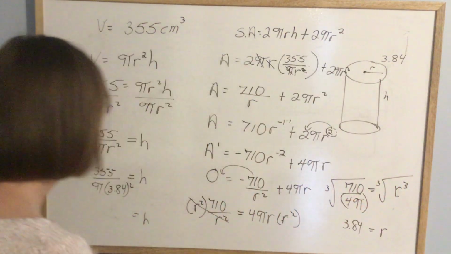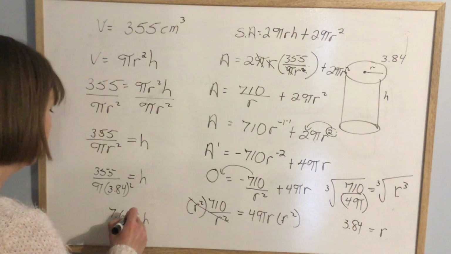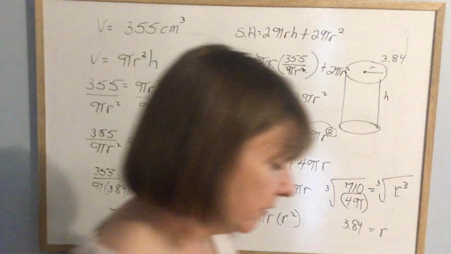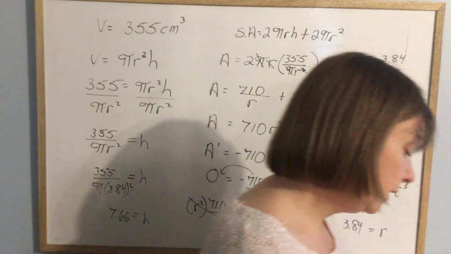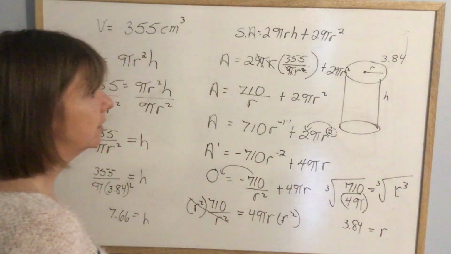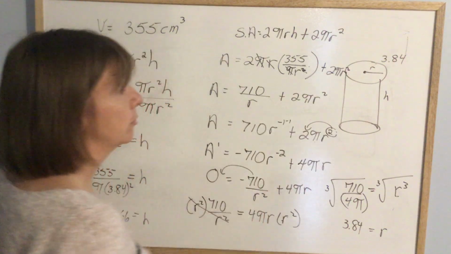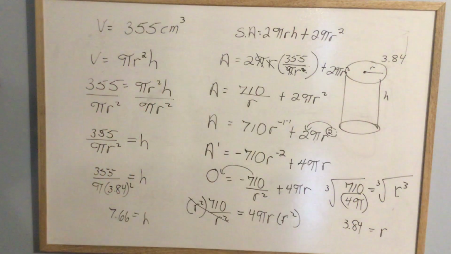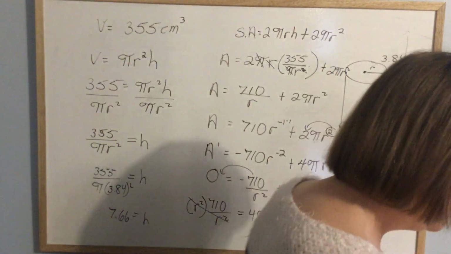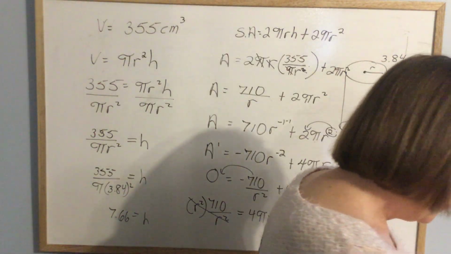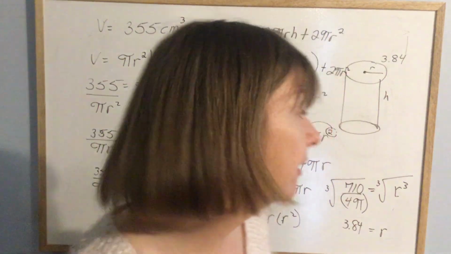So if you want to minimize the amount of material to make this can, your radius should be 3.84 centimeters. The height of your can should be 7.66 centimeters. Okay? All right, one last example.